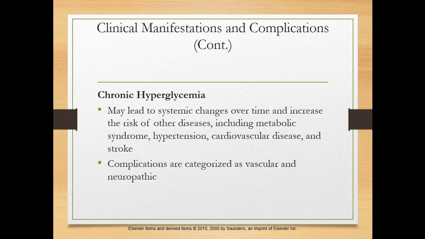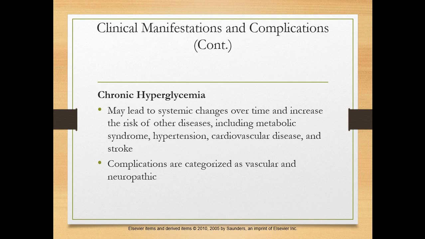We're going to go into this in a lot of detail because what I want you to understand is that when a person is diabetic, this is a metabolic syndrome, which means that it can alter many things in the body.